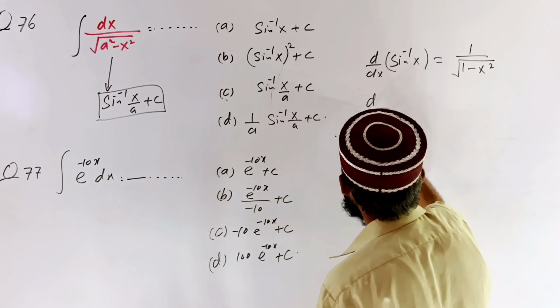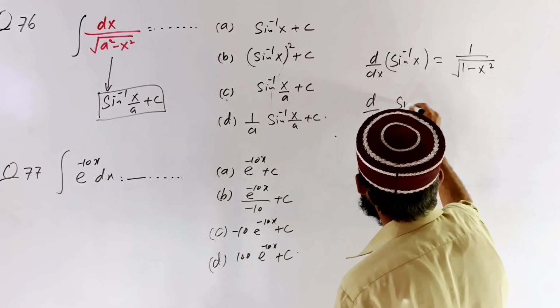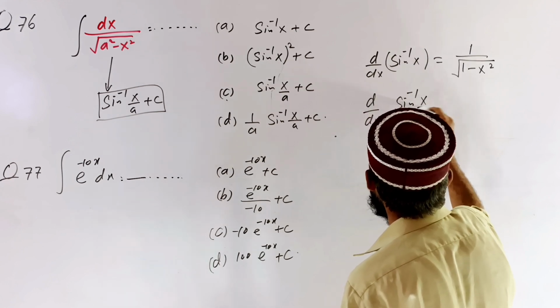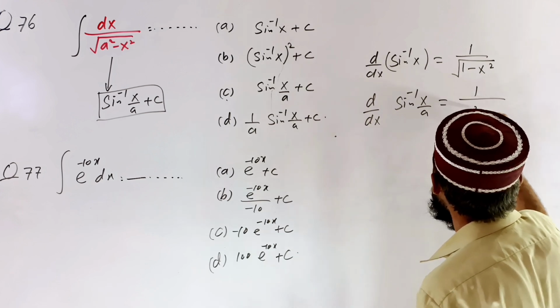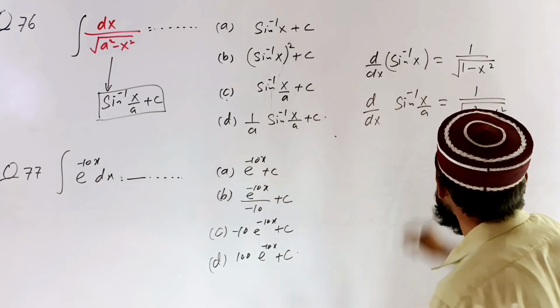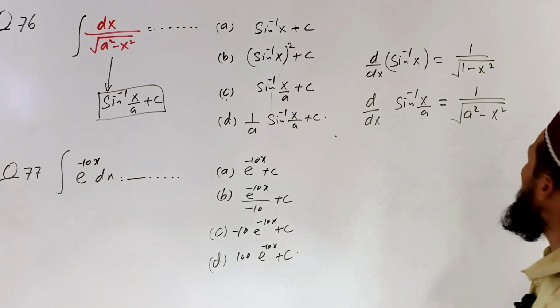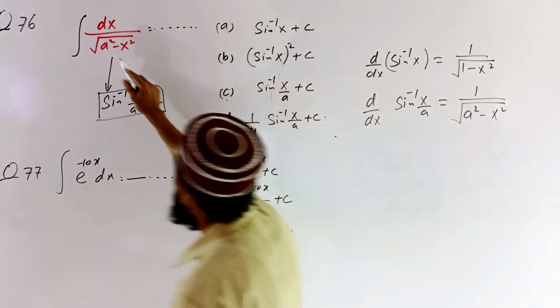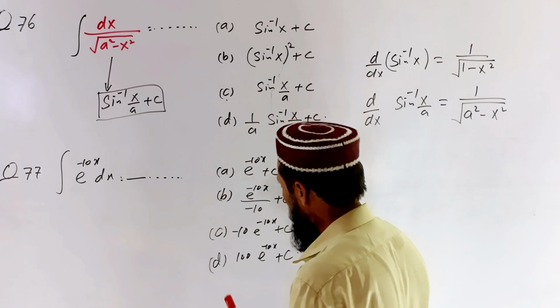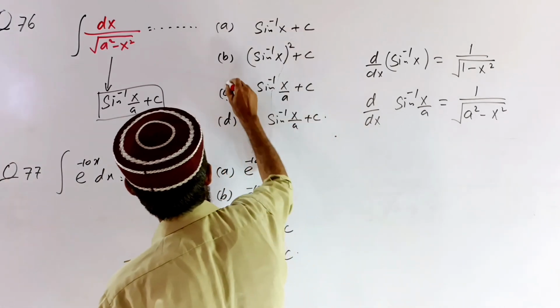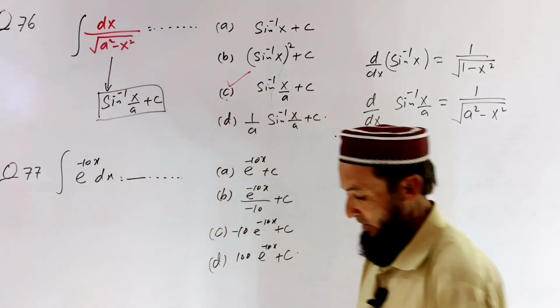But here it is the derivative of sine inverse x by a, so we are using 1 divided by the square root of a square minus x square. So the option here is given, and option C is the correct option.